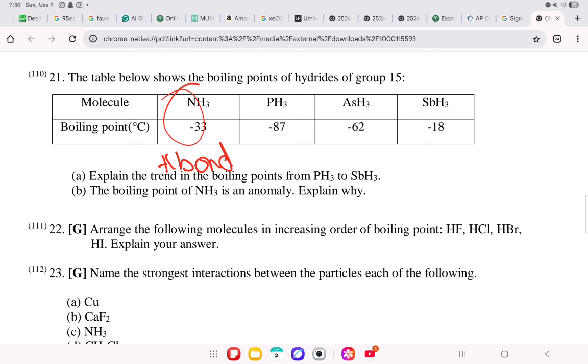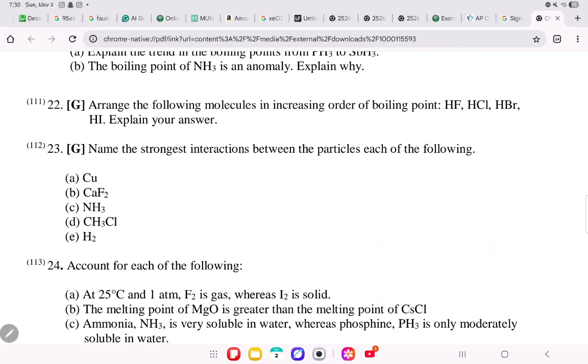Now, question number 22. Arrange the following molecules in increasing order of boiling point: HF, HCl, HBr and HI. So HF, we will exclude it from HCl, HBr, and HI because it forms a hydrogen bond. It will have the highest boiling point. Then, after that, we need to talk based on the number of electrons, because whatever else we have left is the PD-PD and ID-ID.